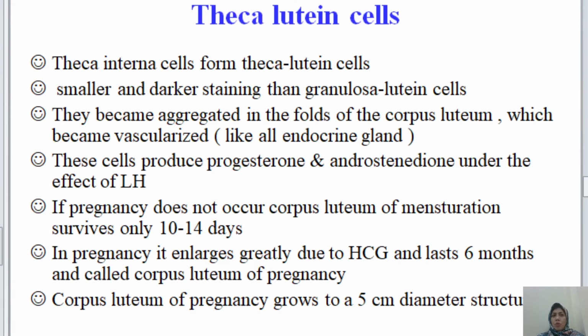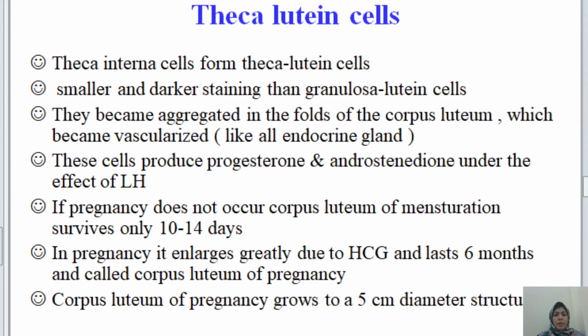These cells produce progesterone and androstenedione under the effect of LH. If pregnancy doesn't occur, the corpus luteum of menstruation survives only 10 to 14 days, and if pregnancy occurs, it enlarges greatly due to hCG hormone and lasts 6 months, called the corpus luteum of pregnancy.